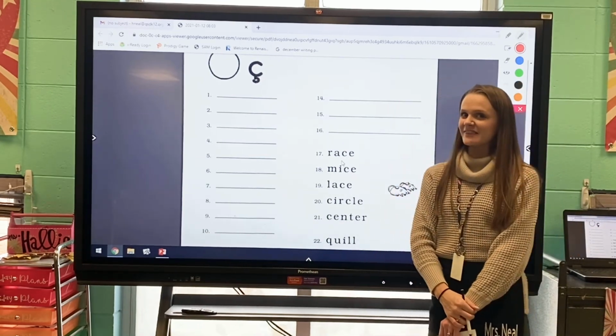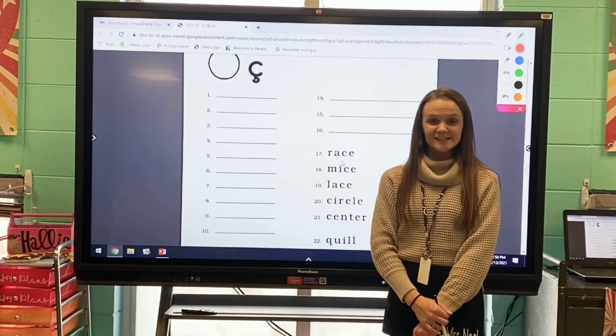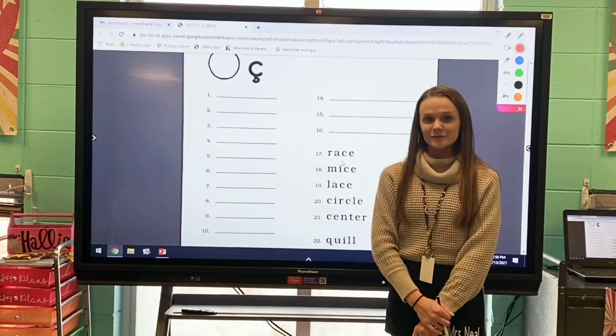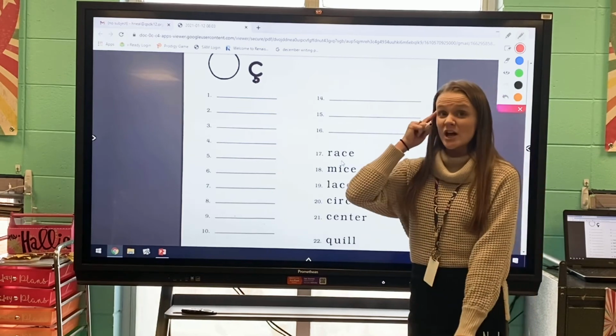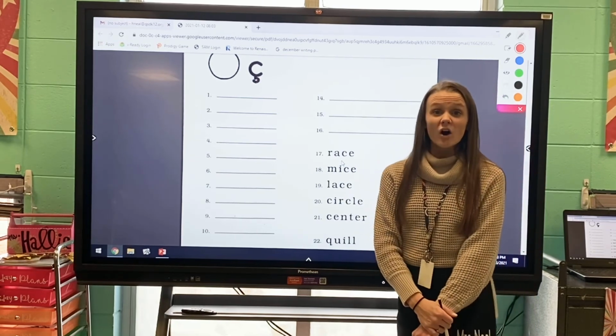All right, jumping on up here to number 14, we're going to spell some words that have the S sound in them. So for number 14, we're going to spell the word ice. Ice has the S sound. But it also has a long I sound. So I know that this word needs a sneaky E at the end because there's a long vowel.